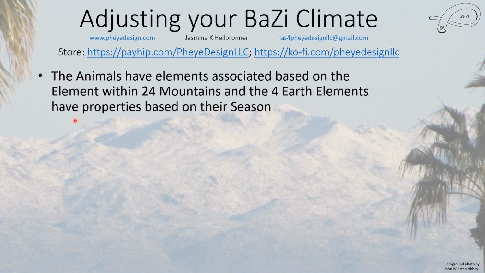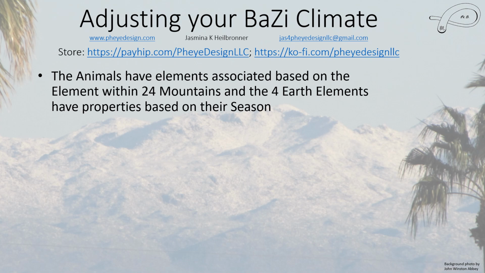Now, the animal signs have elements associated with them, and they're based on the 24 mountains. And then the 4 earth animals come in, basically in the positions where we have the non-element, non-animal sign.